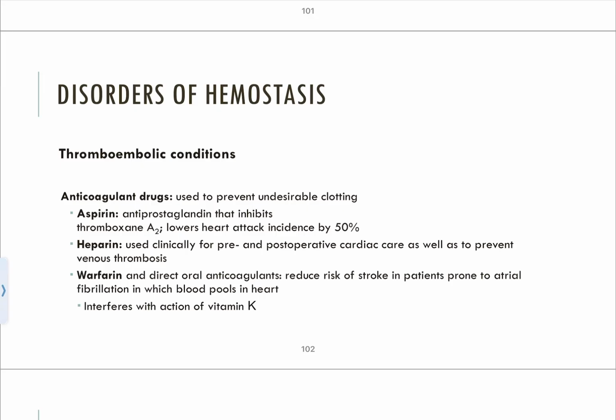And atrial fibrillation is where you have blood pooling in your heart. So how does it work? It interferes with the action of vitamin K, which I told you 4 of the clotting factors need in order to be produced. So if we interfere with the action of vitamin K, then we're not producing all the clotting factors that we need.